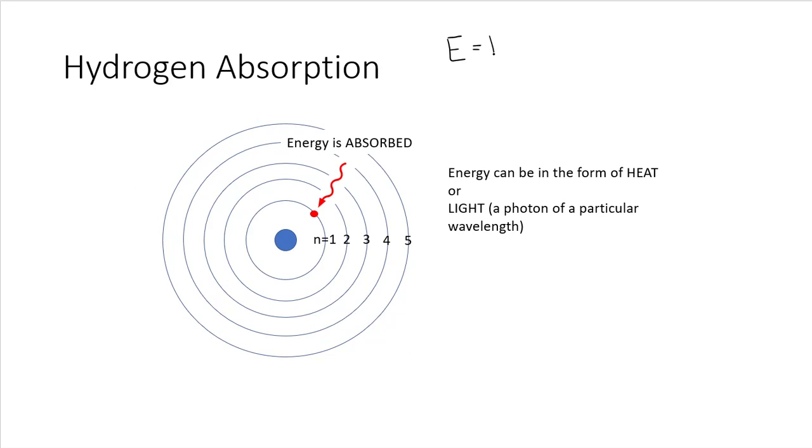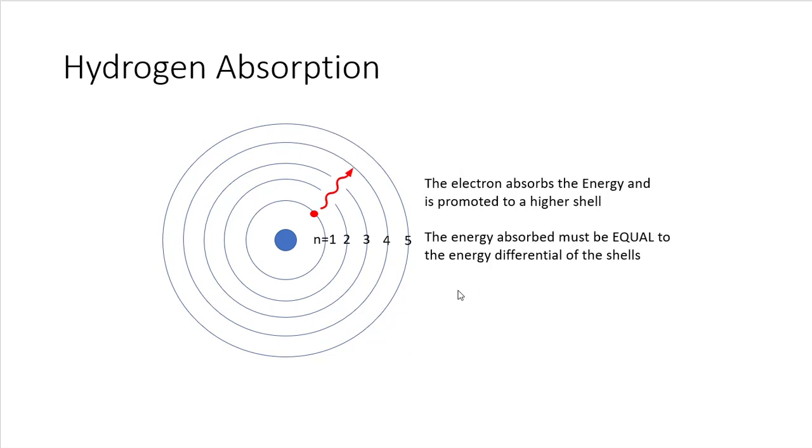We know the equation for that. We know that the energy of a photon is equal to Planck's constant times the frequency of that photon. So photons have energy. We can use a photon of light and hit the electron. The electron can then take in that energy. Now that electron is ready to jump up. It goes from being in the ground state to being in an excited state.